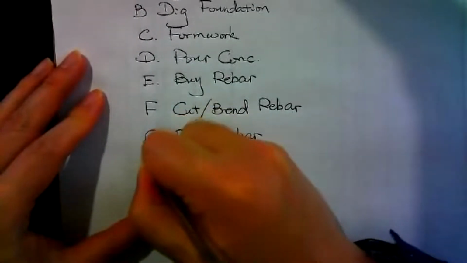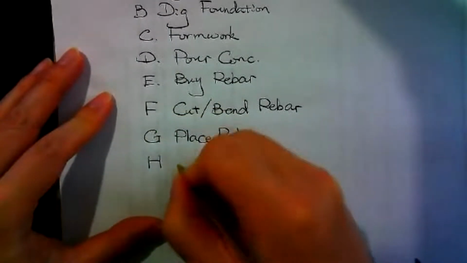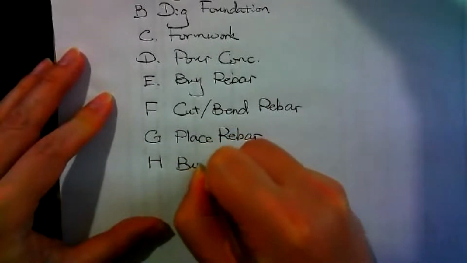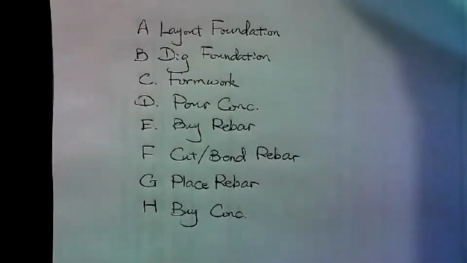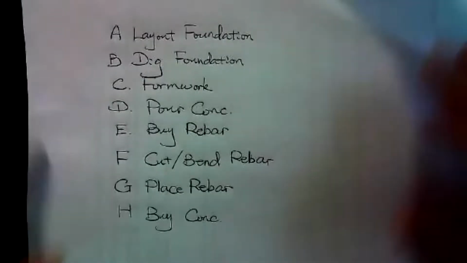And activity H is buy concrete material. So those are my activity list.